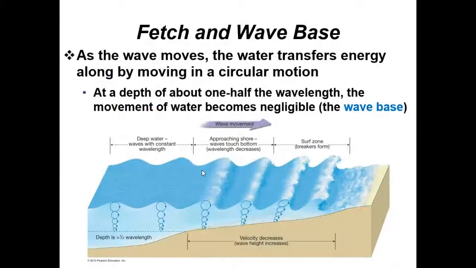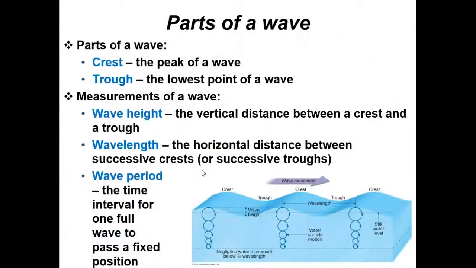Before I get into this, let me elaborate a little on this diagram down here. What we just looked at were the typical physical terms associated with a wave, but what you might not be familiar with are these circles here. These circles represent the movement of essentially individual water molecules.